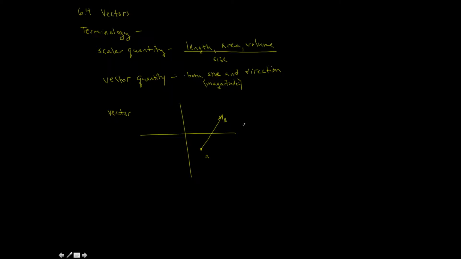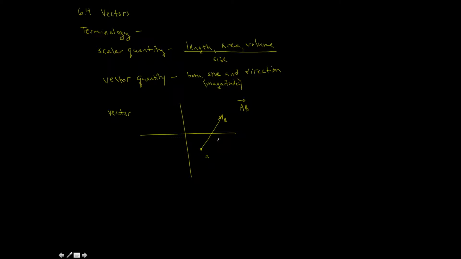We write this in terms of vectors. This would be called vector AB. Now A right here is called the initial point. B is called the terminal point.